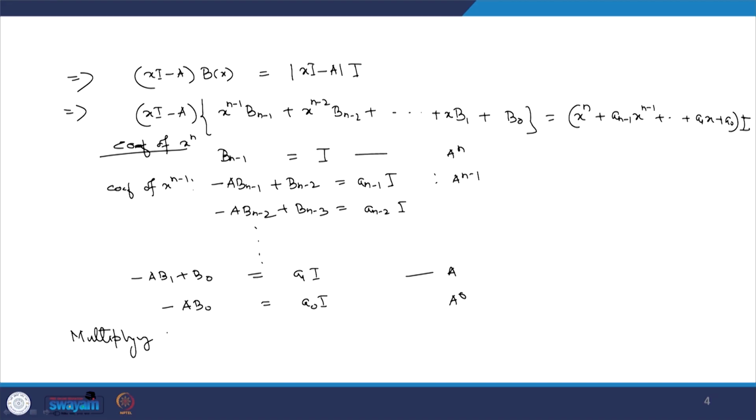Let us consider the first equation, this is my second equation, this is the third equation, and this is the nth, n plus 1 equation.